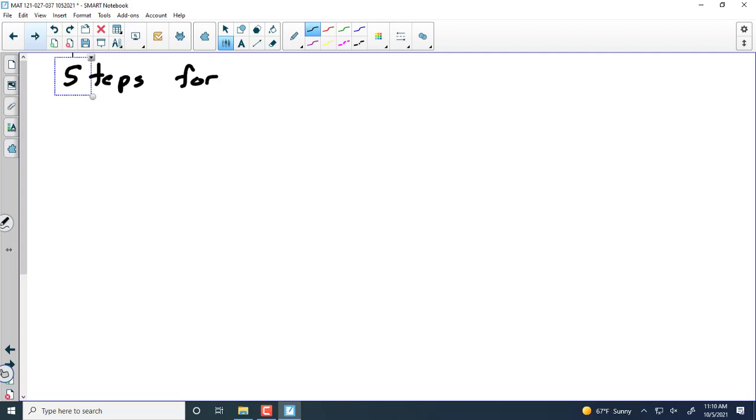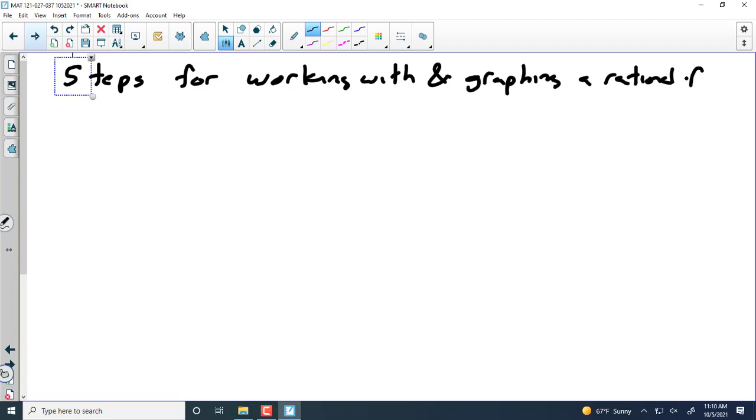Steps for working with and graphing a rational function. Here's what you need to do if you want to work with a rational function. You first figure out its domain.